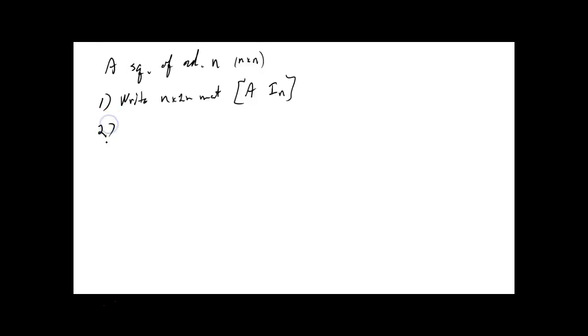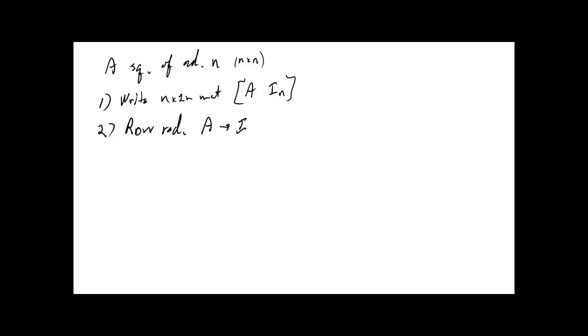Okay. Secondly, if possible, row reduce A with I. You're doing it at the same time. But the A part is going to hopefully get to be an I as well, an I sub n.